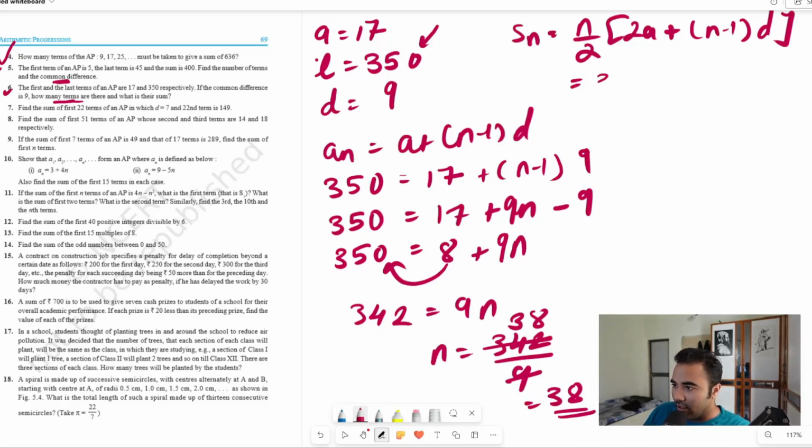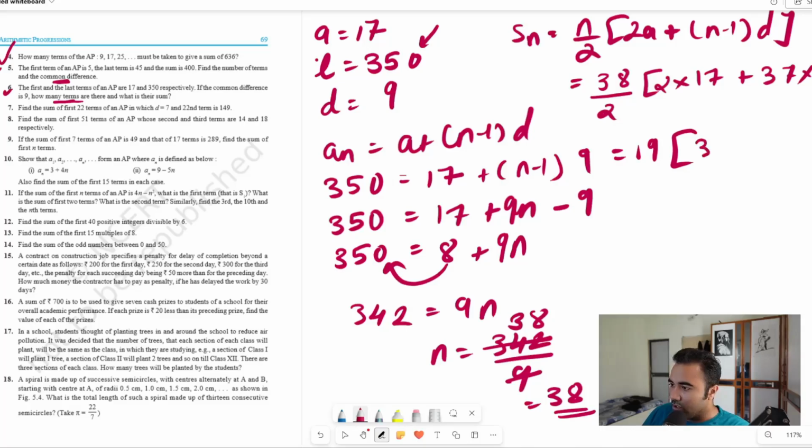So n is 38, 38 upon 2, 2 into a is 17, plus n minus 1, 38 minus 1, 37, into common difference 9. 19, 17 twos are 34, plus 37 into 9: 7 nines are 63, 9 threes are 27, 27 plus 6 is 33.